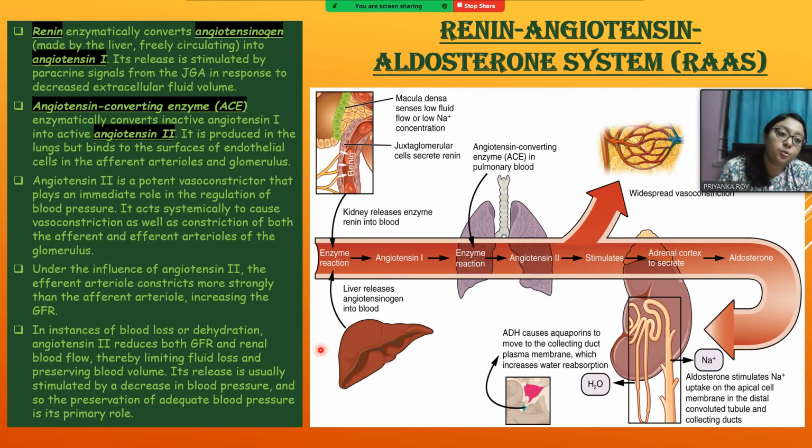Angiotensin 2 in one channel has gone to vasoconstriction, and in the other way it has gone to the adrenal cortex to secrete aldosterone. So why is aldosterone secreted? Aldosterone stimulates sodium uptake on the apical cell membrane in the distal convoluted tubule and collecting ducts.